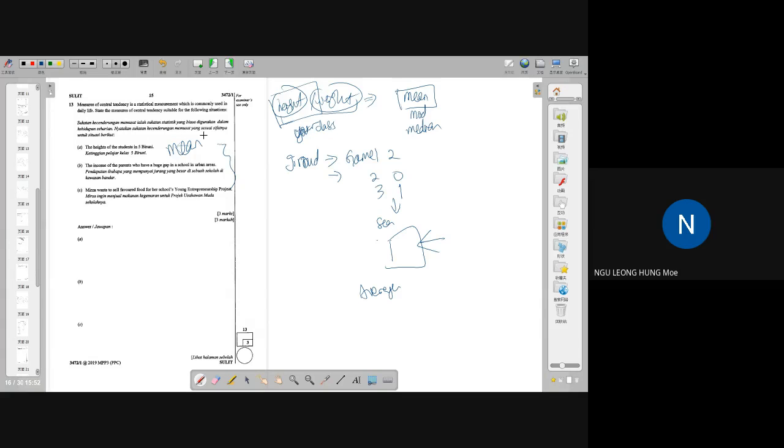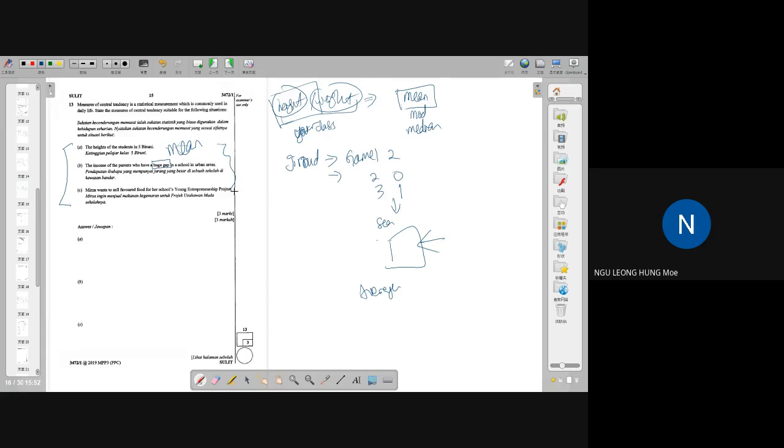Ini sebenarnya susah mau cakap lah soalan ini. Tidak kata dia mesti macam itu. Doesn't mean that must. Agak-agak jugalah kebetulan. Like this one, the income of parents who have a huge gap in a school.